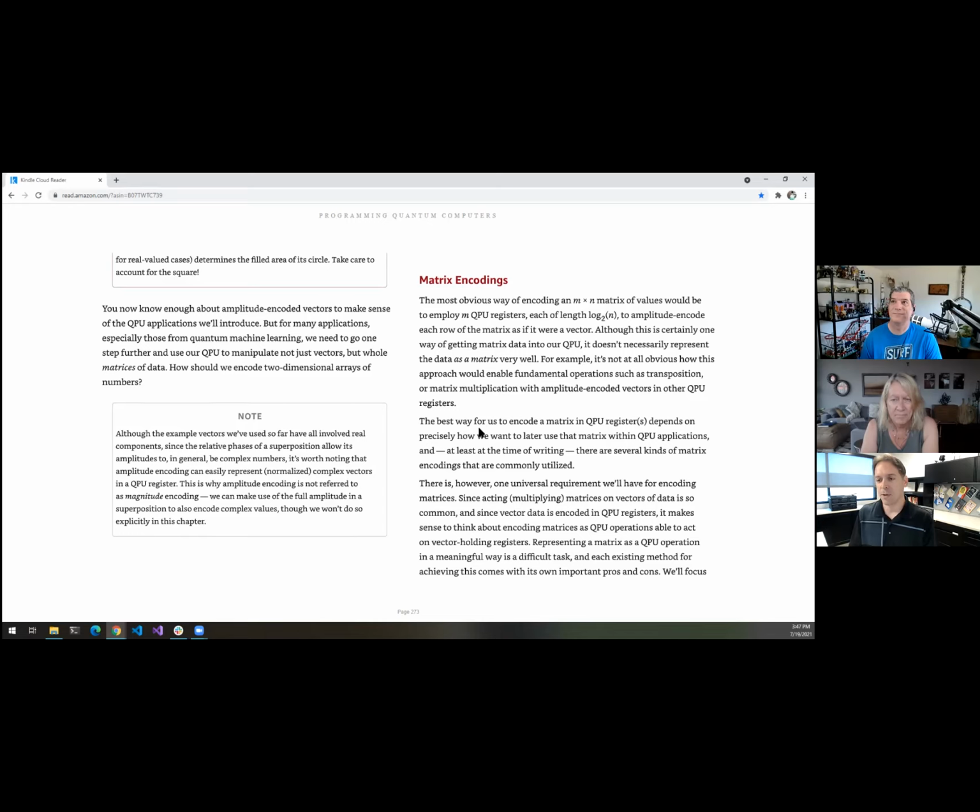One thing he talks about, though, is we often are multiplying matrices against each other. So it makes sense to think about encoding matrices as QPU operations. My thought is, let's say I had an input matrix.